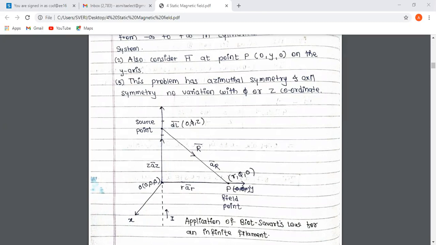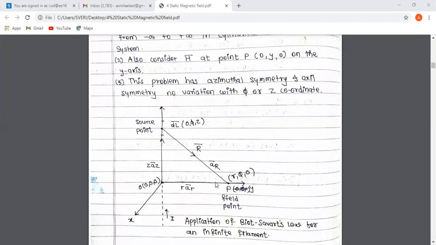Now the coordinates of this point will be in cylindrical system, the coordinates are r, phi and z. And this point P is placed at y-axis, means this point P is having some radius, because it is nothing but the radius of cylinder.